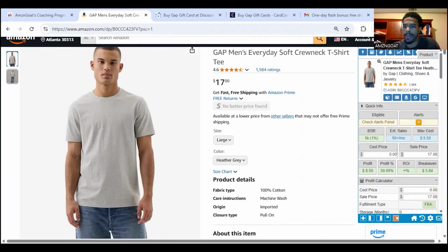So always remember that. Now, also always remember that if the max cost of something is $5.50 and the lowest price you're able to get it for is $5.55, 5 cents over that max cost, definitely look at the data, see if it's still going to be a product that's worth selling, because maybe not on clothing items, but definitely on grocery products, getting a 24% ROI versus getting a 28 or 30% ROI isn't really much of a difference, especially if the product is selling fast and you're able to sell that product multiple times per month, 30, 40, 50 times per month.